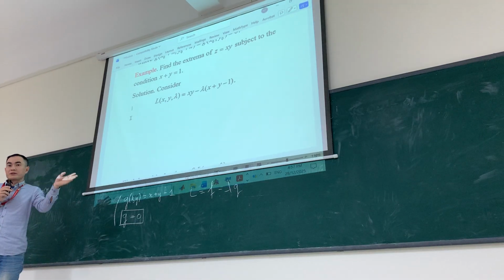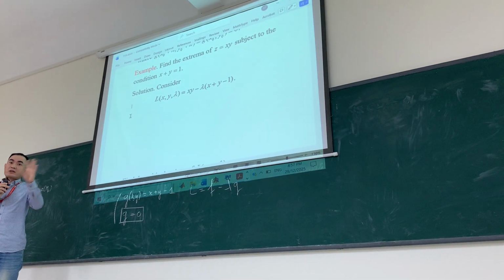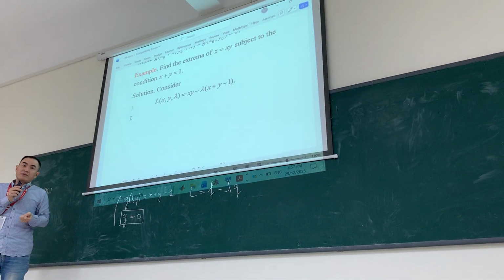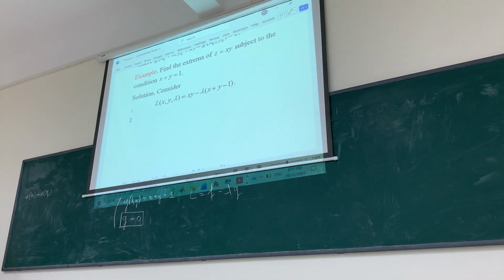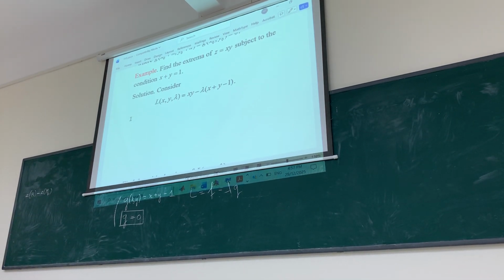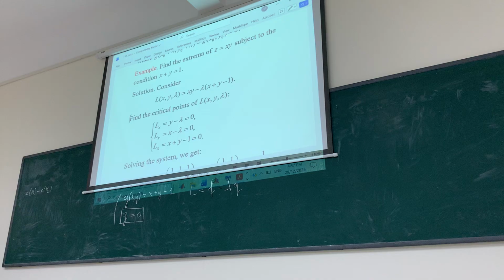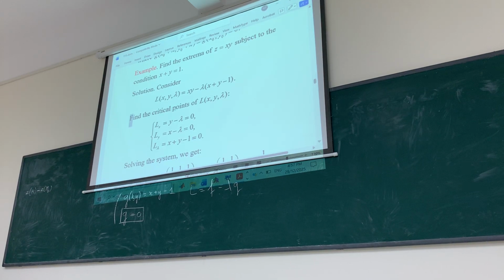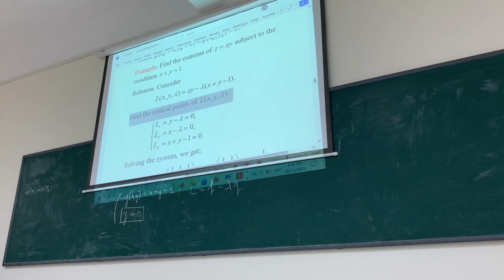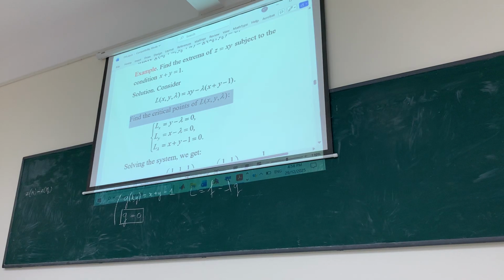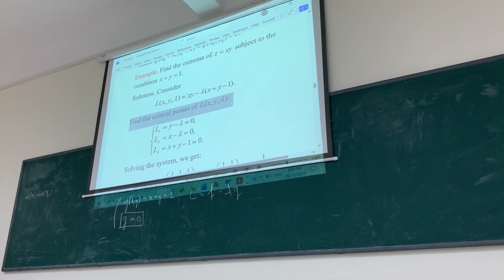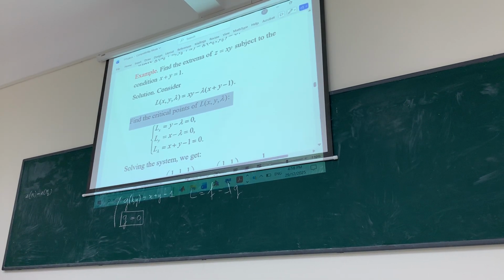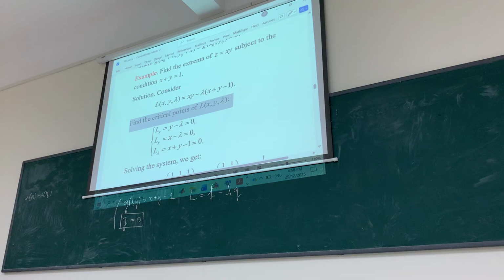We need to solve the equations where the partial derivatives equal 0. First of all, we need to find all critical points of the function L. That means we solve this system: L prime with respect to x, L prime with respect to y, and L prime with respect to lambda.